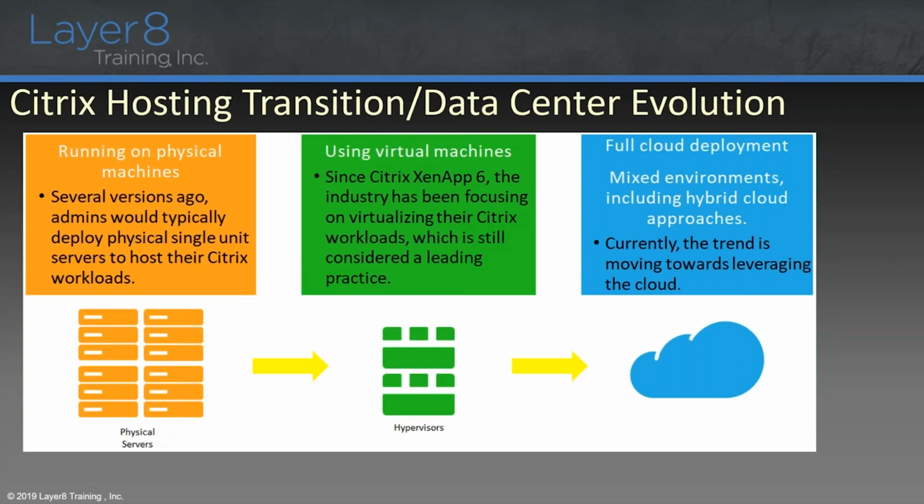Then companies started switching over, slowly but surely, to hypervisor-based deployments, where we're looking at XenServer, now the Citrix Hypervisor, ESX, Hyper-V, Nutanix, where we virtualize not only your workloads but the infrastructure, the control plane. So it was not uncommon to see your delivery controllers, your license server, all of those various components on a hypervisor. And slowly everything is now going to the cloud.